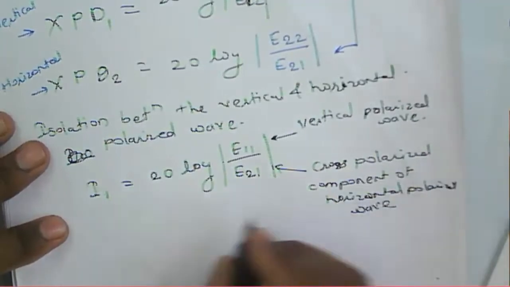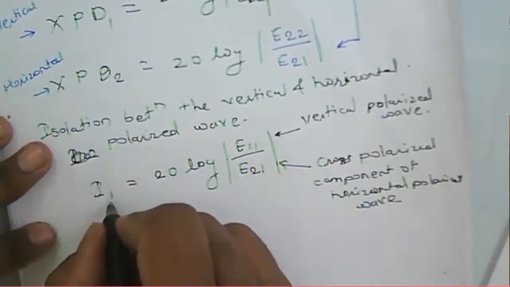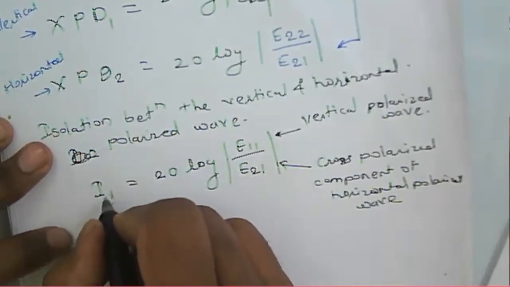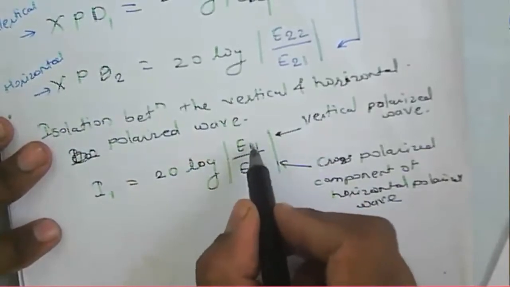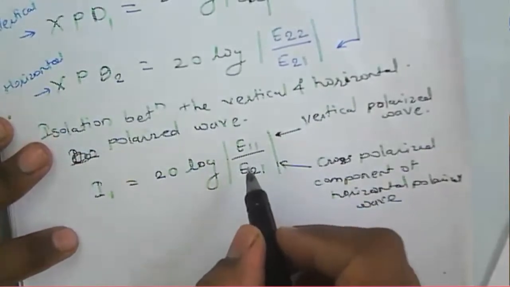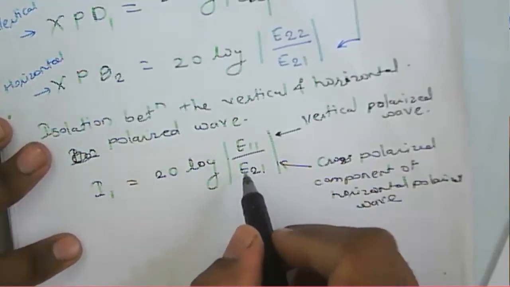That is I1. So that is the isolation I1. That will be I1 between the co-polarized component E11 of the vertical polarized wave and the cross polarized component E21 of the horizontal polarized wave.